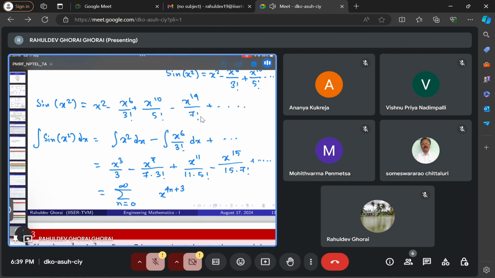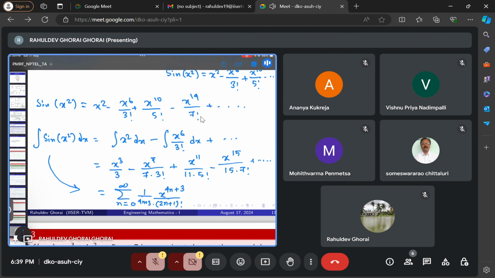Then what will you have? 1 over 2n plus 1 factorial, times 1 over 4n plus 3. So this will be the solution for the integral of sine x square, a series which looks like this.